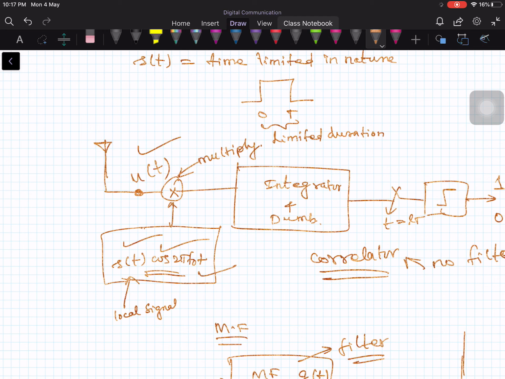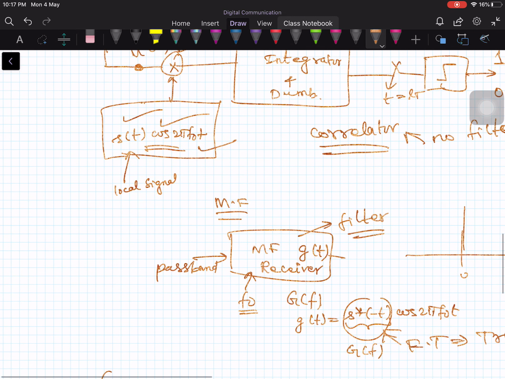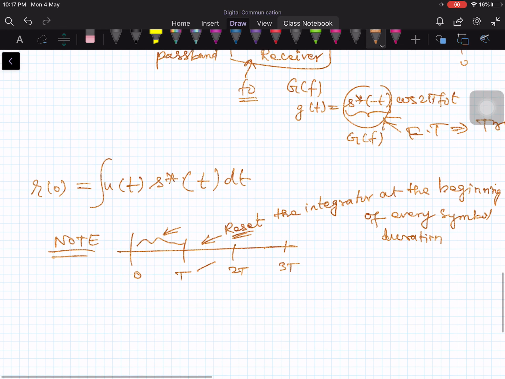And if you want to share the same integrator over and over again, you must reinitialize the integrator every T seconds, otherwise it will give the wrong answer. That's why we call this operation integrate and dump. So the integration is over T seconds.